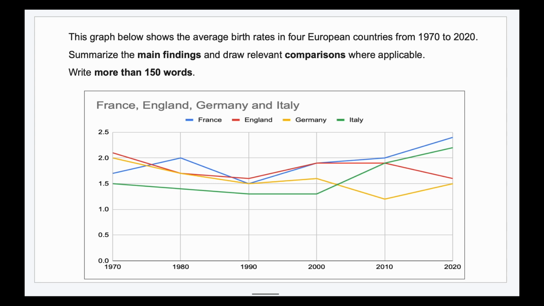And if you can see, the lines for France and Italy begin around 1.5, 1.6, and they end up somewhere around the 2.2, 2.4 or something like that. So this is definitely an upward trend, and the other two show a downward trend.